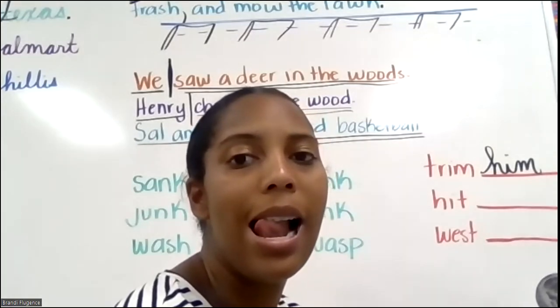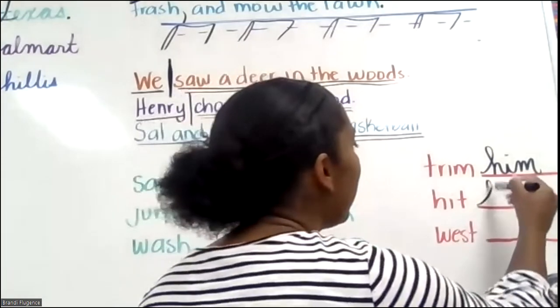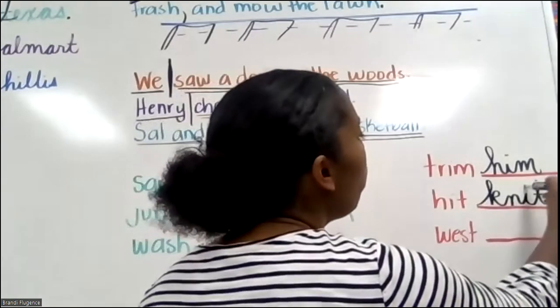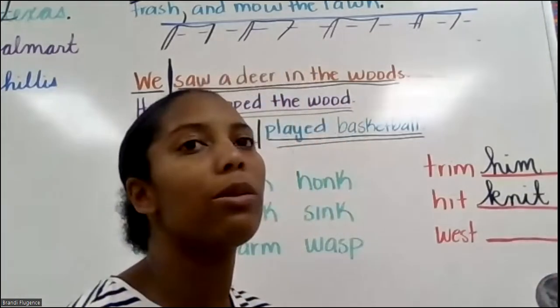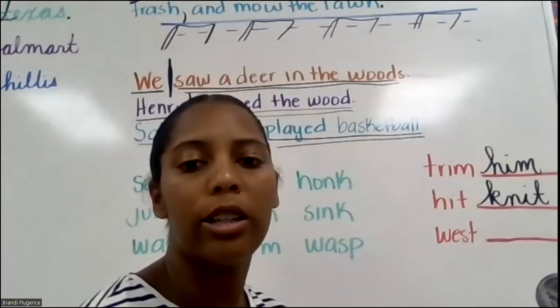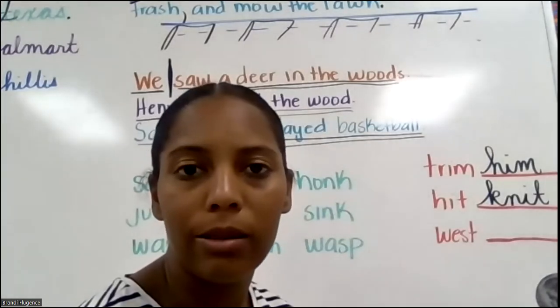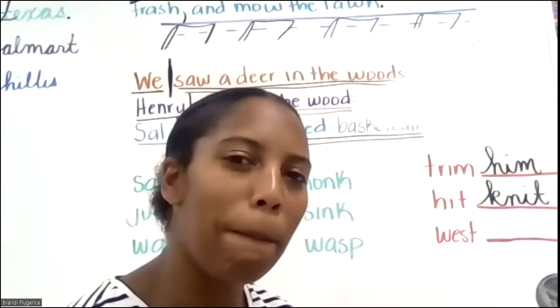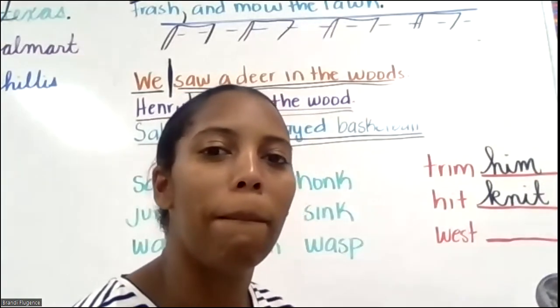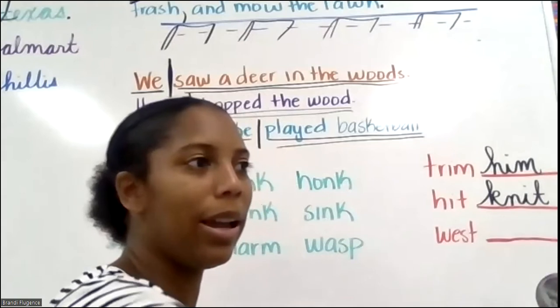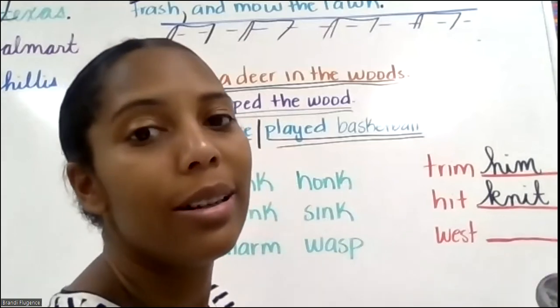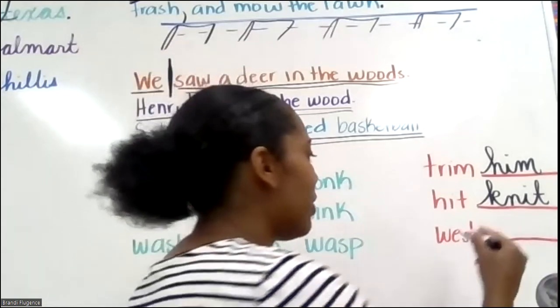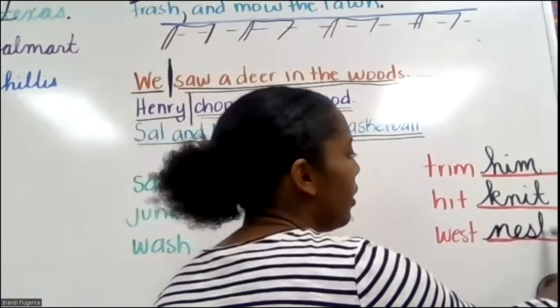Knit, like in your knitting clothing. Yes, knit. Okay, what about west? What's the word that rhymes with west? Joshua, west. Mess? Nest? Yes, nest, like a bird nest.